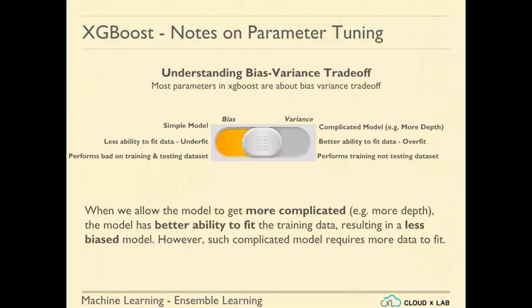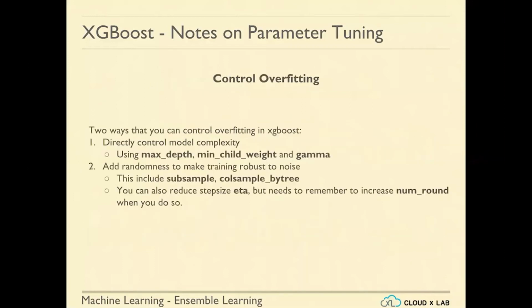A simple model does the underfitting; it has less ability to fit the data, while on the variance side, it has better ability to fit the data, but it can overfit. The simple model will fit badly on the training as well as test, while the complex model having overfitting will perform well on training but not on test. Okay, that we all know very well.